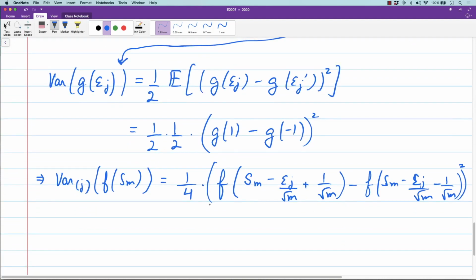This is exact equality, and there's an expectation sitting outside. Now if you look at this, we are evaluating some function at this point and adding and subtracting 1 by root m.